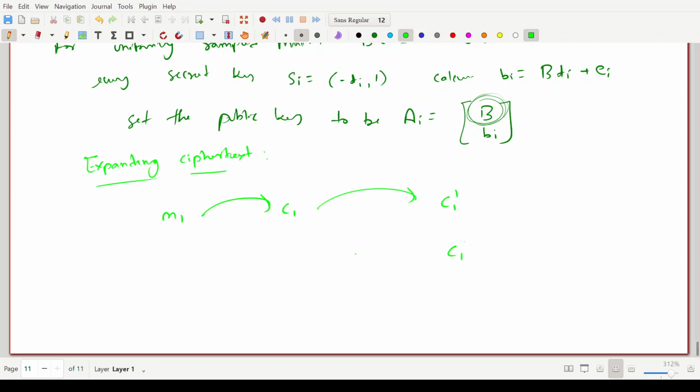This c1 dash multiplied by (s1, s2) transpose should be m1 times the gadget matrix G times (s1, s2) transpose plus some e. This is the condition. Earlier, the condition was just c1 times s1 equal to m1 times G s1 plus some e1.